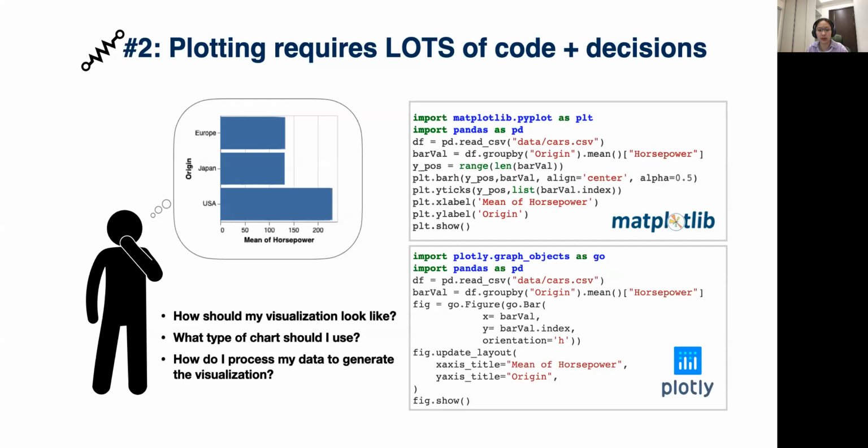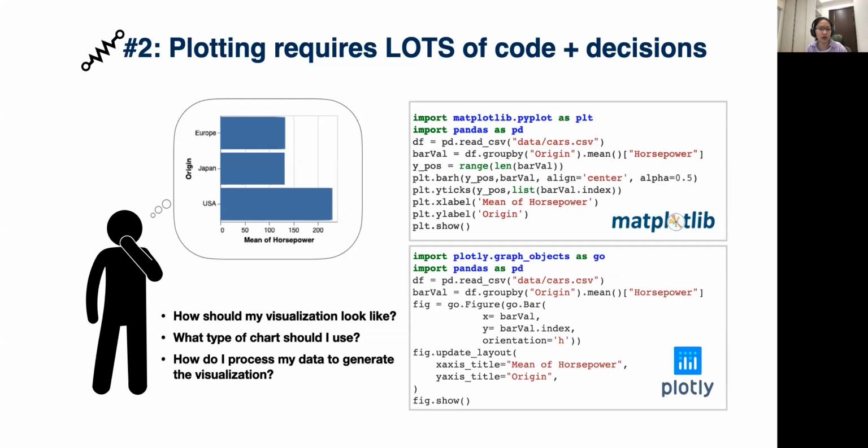Here we show 2 examples of just the amount of code that is necessary to generate a single visualization, in 2 popular Python visualization libraries, matplotlib and plotly. So the substantial programming effort that is required for visualizations often hinders data exploration, especially when the users only have a vague idea of what they're looking for.